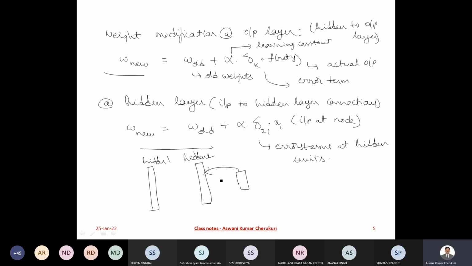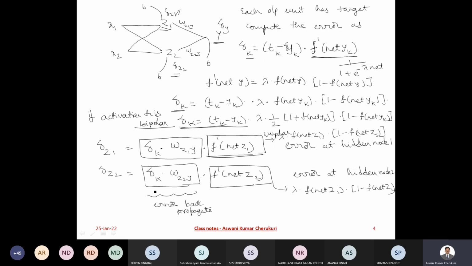So this del y, and you are going to calculate del terms here, and those del terms get propagated back to hidden 1, with the same logic. This is how the process works, and the important thing is the calculation of the del terms. Remember, with your activation function, the del term calculation varies.